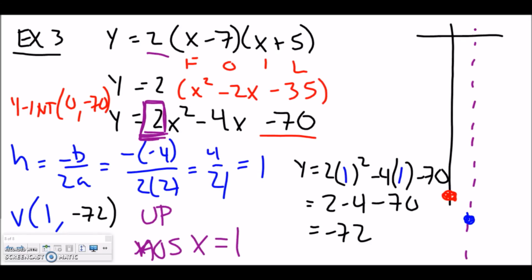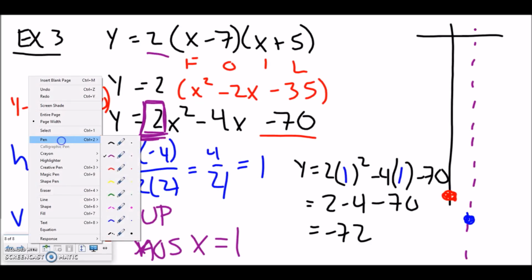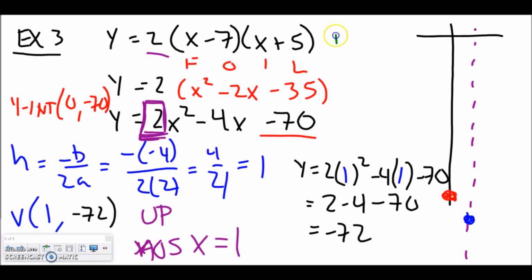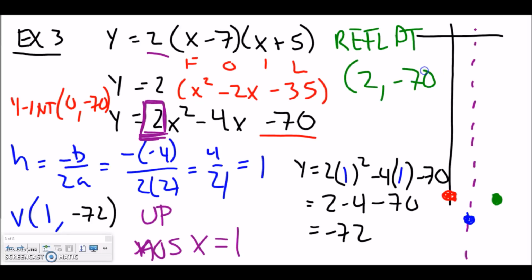Using that dashed line and my y-intercept, we should be able to find out our reflective point. If my y-intercept, my red dot, is 0, negative 70, my vertex is 1, negative 72, my reflective point is somewhere over there, and more exactly, it's at 2, negative 70.